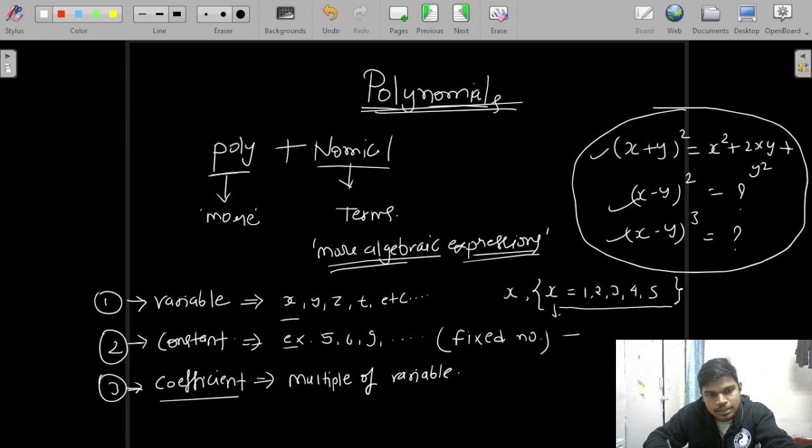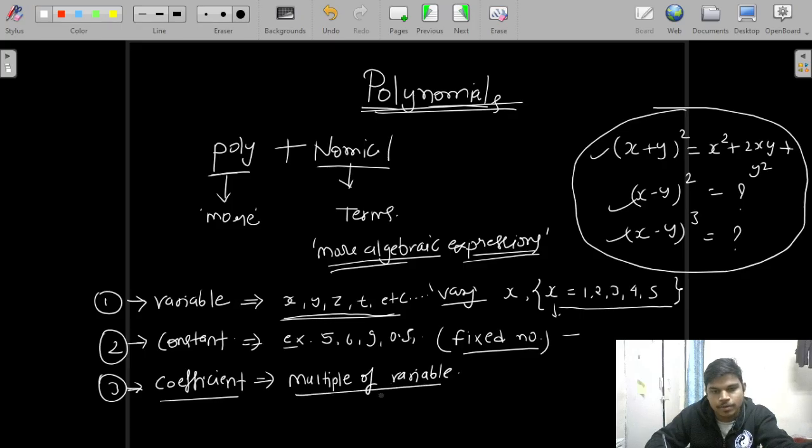A variable is something that can vary, so these kinds of notations are used for variables. For a constant, we take any number, zero, 0.5, any fixed number. A coefficient is a multiple of variables.